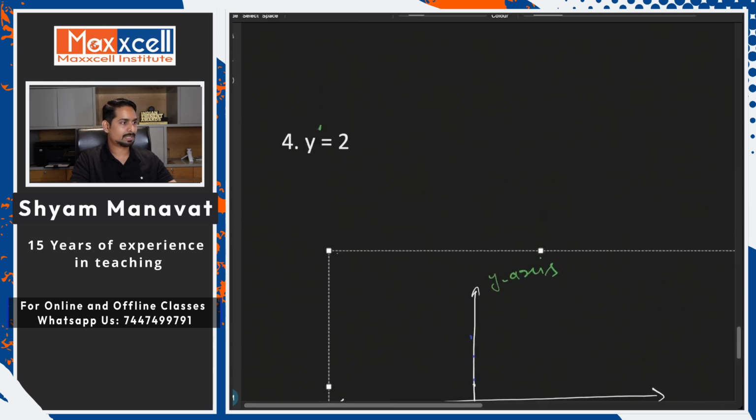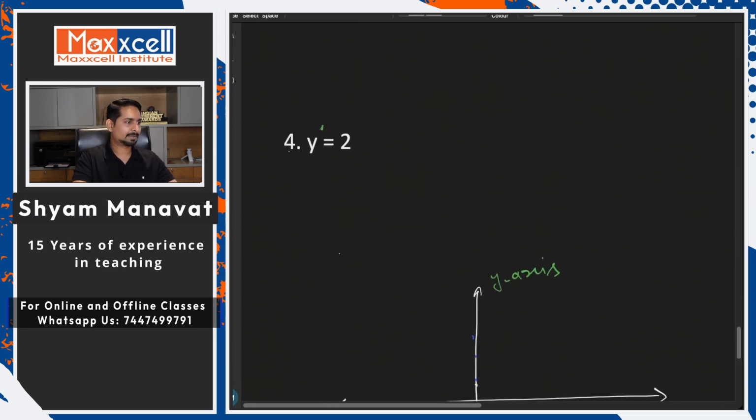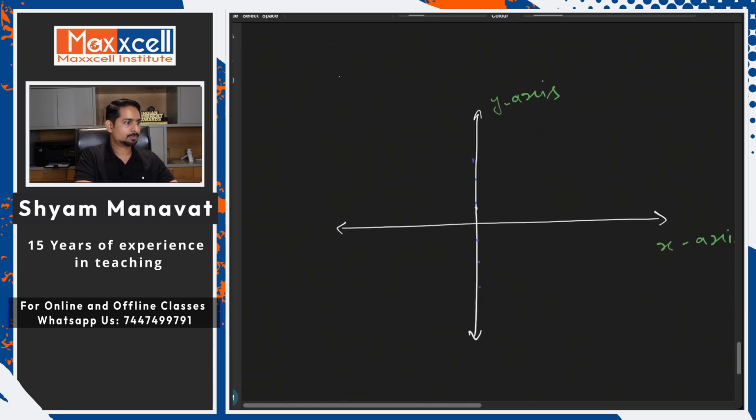On this graph, y equal to 2. For any value of x, whether you substitute x is equal to 0 or x is equal to 1, y will be equal to 2 because x is absent in that equation.